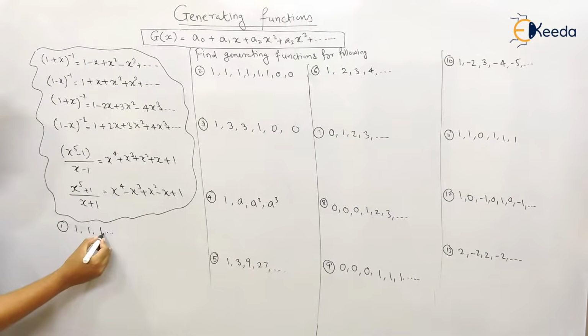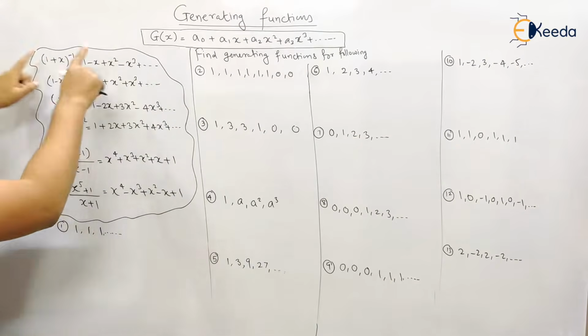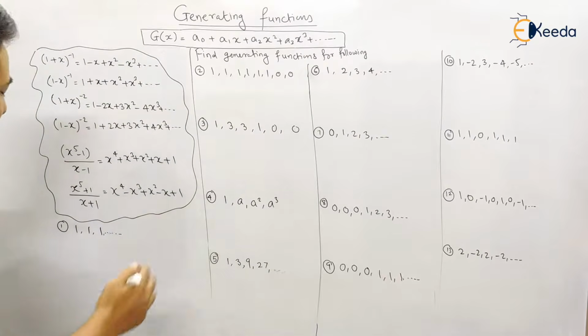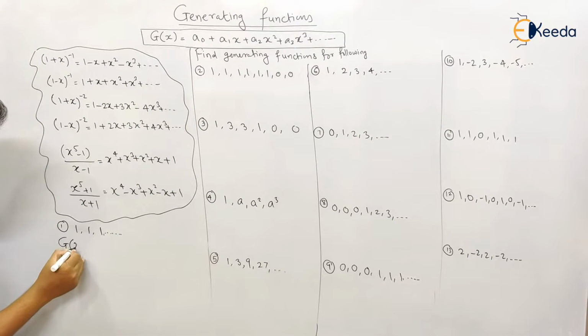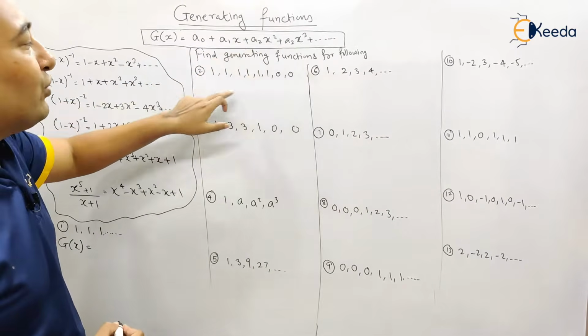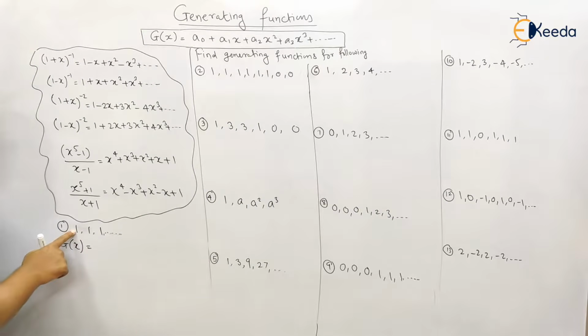Here it is given as 1 1 1. Before going ahead, these are the standard series that you need to remember. No other option, you need to remember these series. So let us start. The a0, a1, a2 values are the values provided in the problem. So this is the value of a0, this is a1, this is a2 and so on.